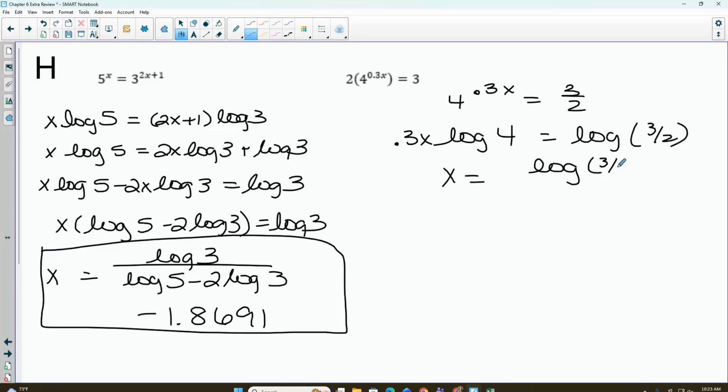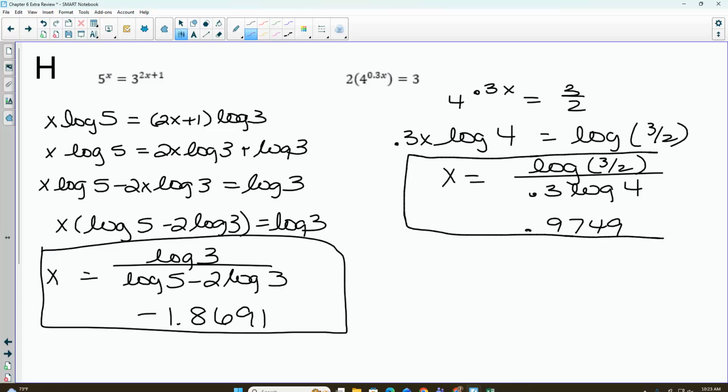So we have the log of 3/2 over 0.3 log of 4. And that should give you 0.9749. Are those okay?